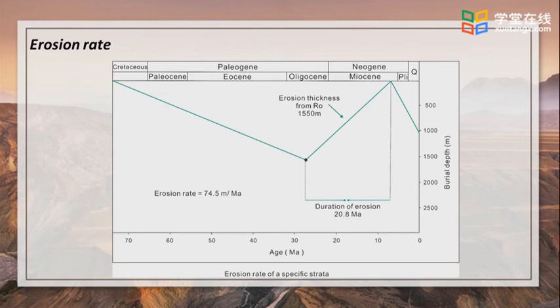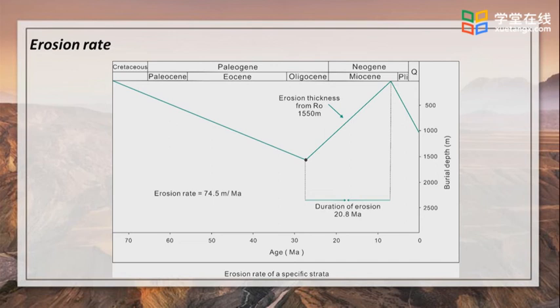For this period we have already estimated the erosion thickness by the Ro method, correlating to the original Ro, which is 0.2, and taking the difference between the present Ro and the original Ro thickness. So we got the erosion thickness, which in this figure is 1550 meters.